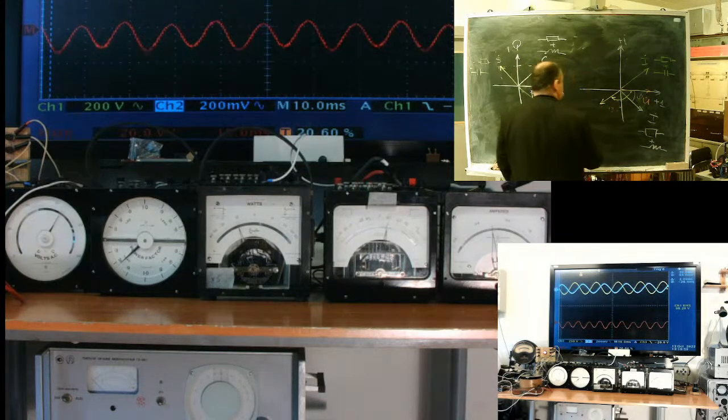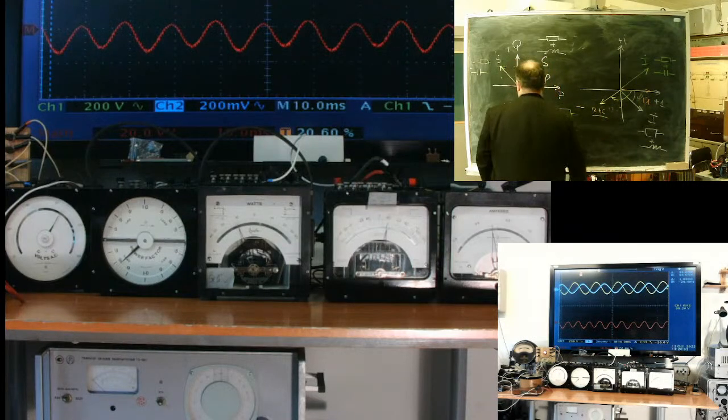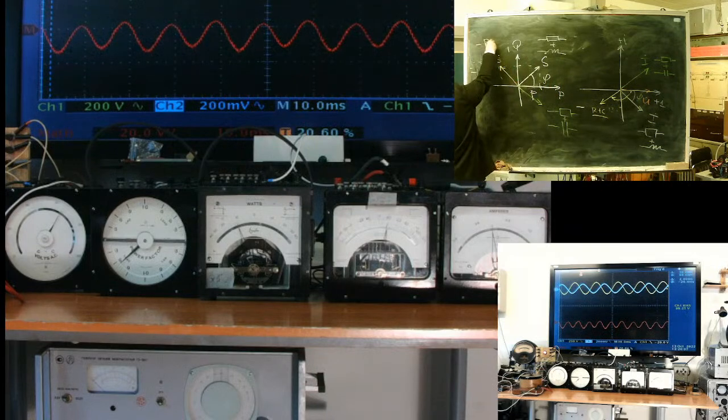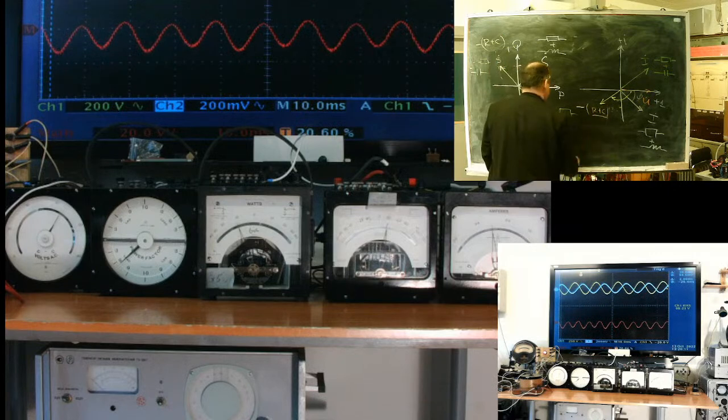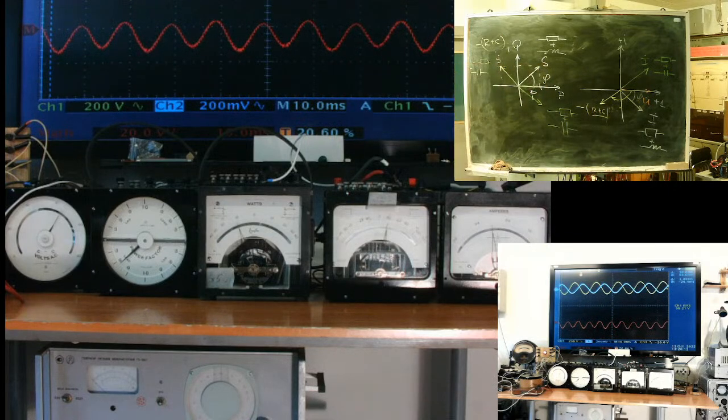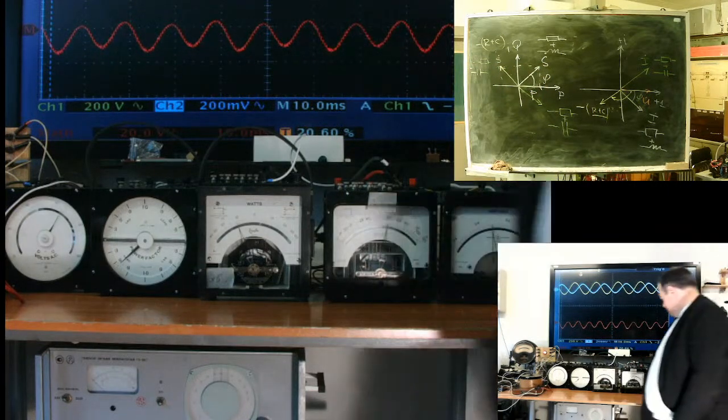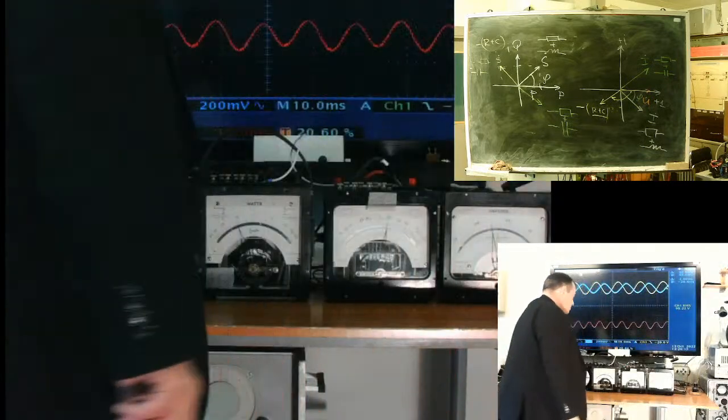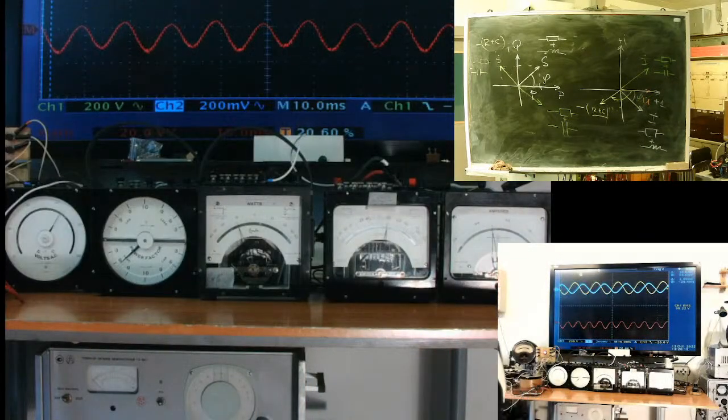Here is the current for the minus R plus regime. You can say minus R. It's a generator regime. For a synchronous machine, it's an under-excitement regime.